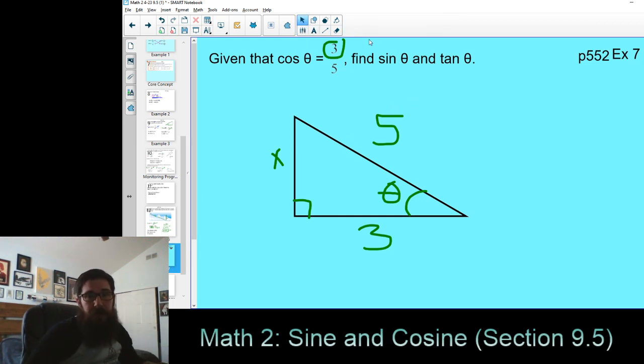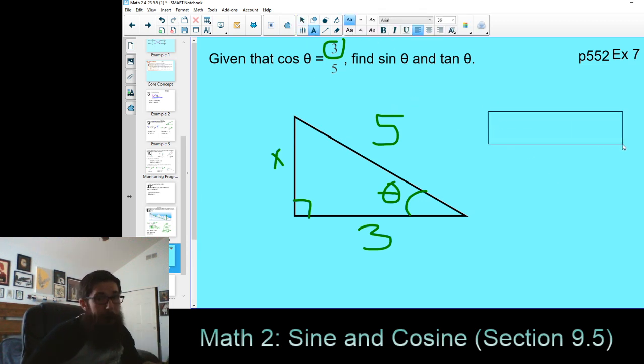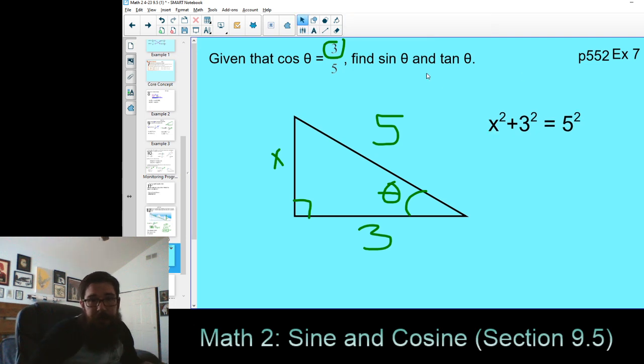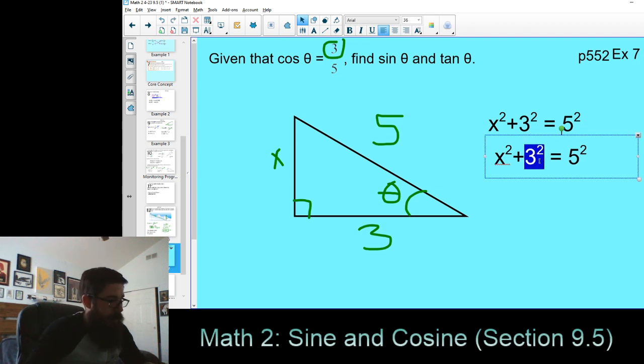Let's do some Pythagorean for this guy. Be careful. This is something I saw in some of the quizzes too: in this case I have x squared because it's one of the legs. It's not always the hypotenuse, it's the unknown. Plus 3 squared equals 5 squared. Let's do a little bit of algebra here. This is x squared plus 9 equals 25.